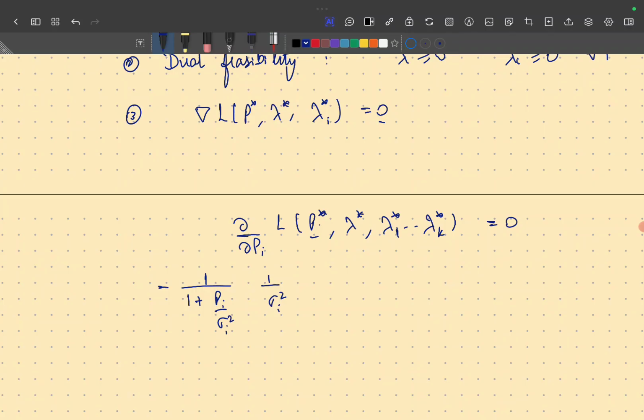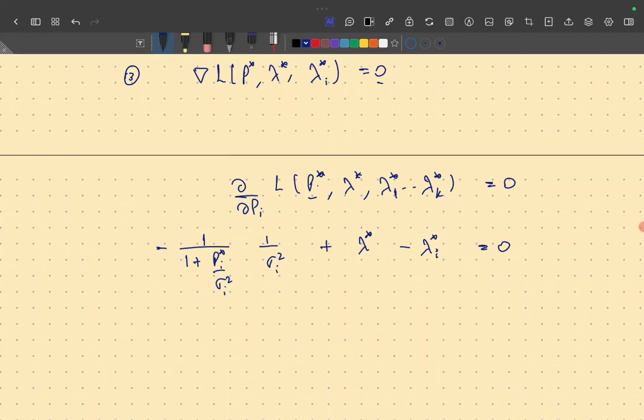Okay, and then I have lambda star, correct, lambda I star, right? So this should be equal to 0, correct? Let's try to rearrange this.